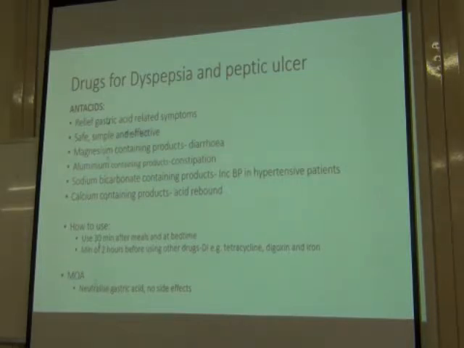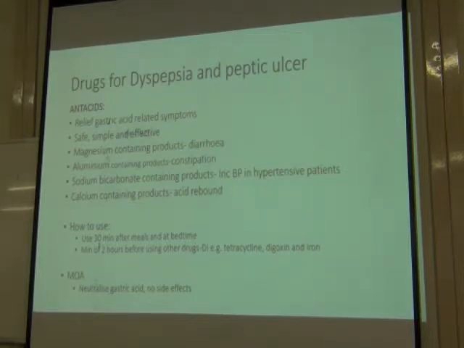Sodium bicarbonate products would increase the blood pressure if the patient is already hypertensive because of the formation of sodium chloride during neutralization. You know what sodium chloride is? Your normal salt.